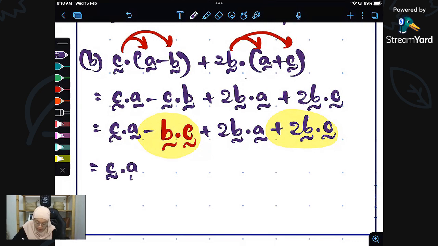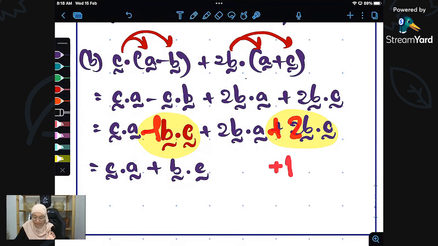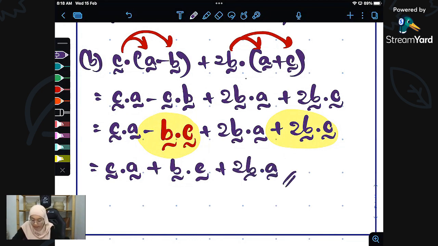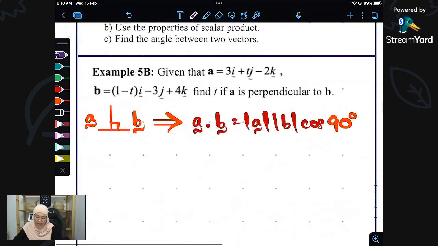It is just C dot A plus with B dot C. Kenapa dia plus? Sebab ini adalah negative 1 plus 2. It is just positive 1. Okay. So positive B dot C and then plus with 2 B dot A. Settle. We done here properties of scalar product. Done that. Let's move on to the next example.